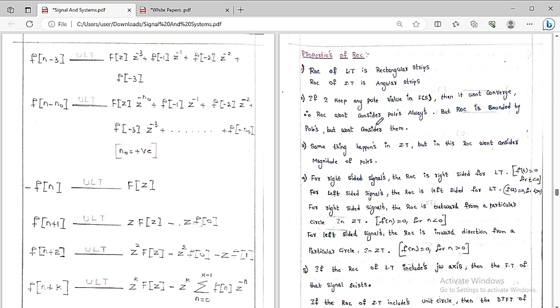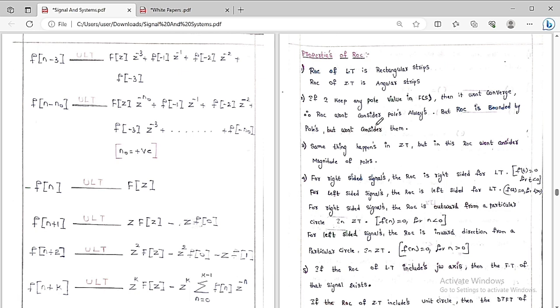So what is the meaning of this? Suppose in the case of F of s, if you substitute the pole values, then the denominator is equal to 0. So the value will become infinite. It won't converge; it will give an infinite value, or you can say it is undefined.